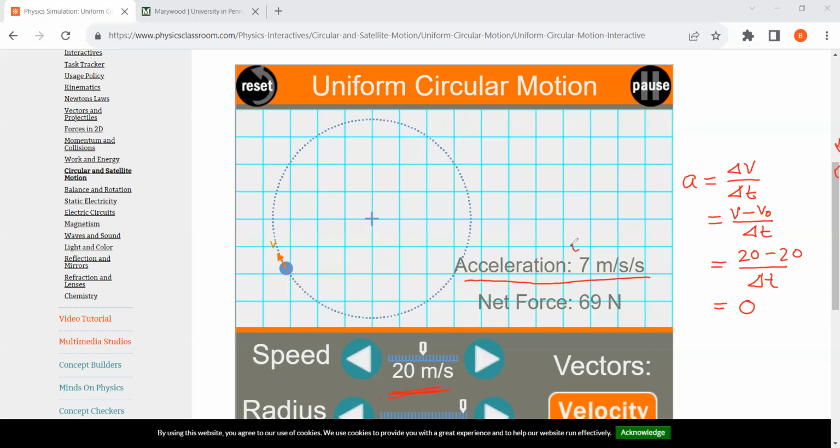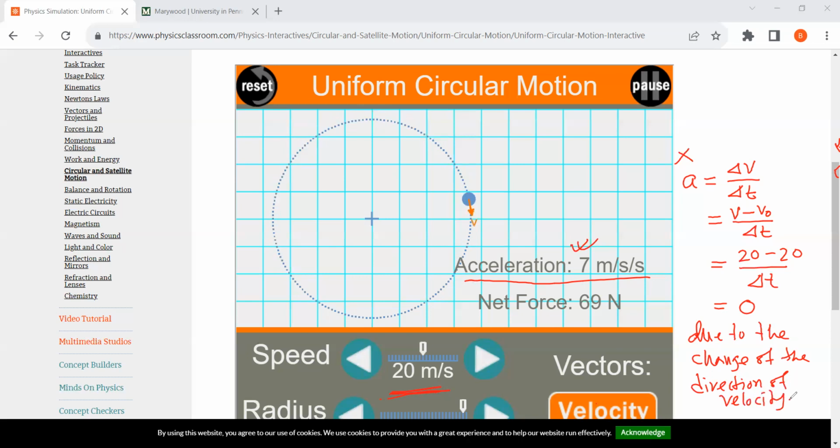But this simulation says that acceleration is 7 meters per second squared. So what does it mean? It means that although we don't get a tangential acceleration, which is the acceleration along the tangent of the circular path, we have some acceleration due to the change of the direction of velocity.